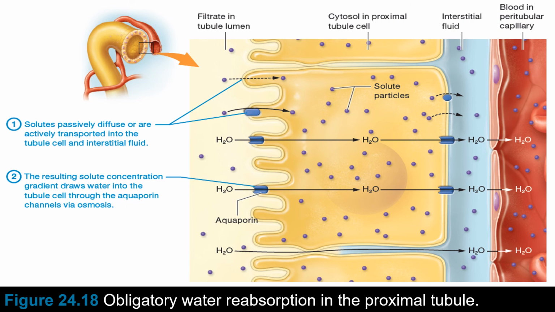And in this photo here, we're looking at the obligatory water reabsorption in the proximal tubule. So the first thing you see are solutes passively diffusing or being actively transported into the tubular cell, right?